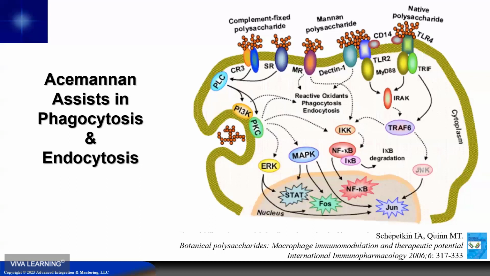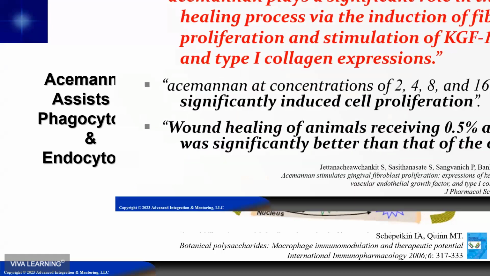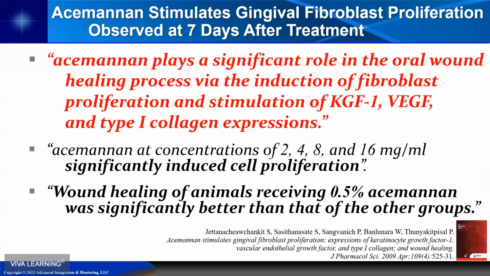And acemannan, which is again the primary component of aloe vera gel, has been shown to literally increase fibroblastic activity at a 1-week period. And so it plays a very significant role in the healing process via the increase in fibroblastic activity, upregulating and getting type 1 collagen to actually progress significantly.